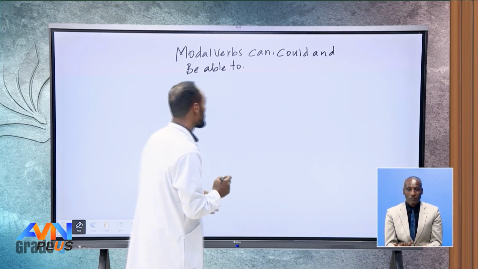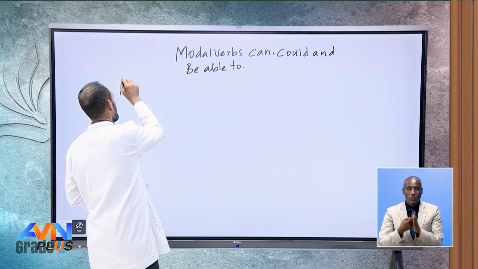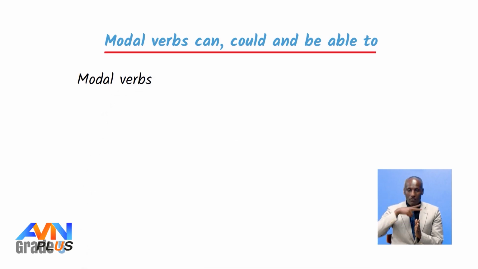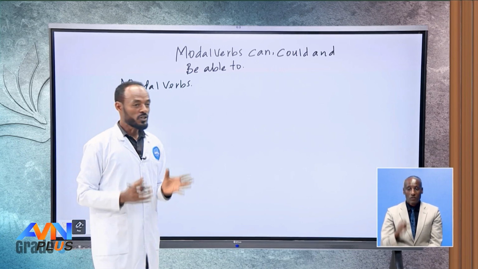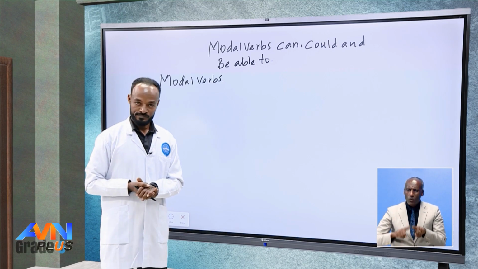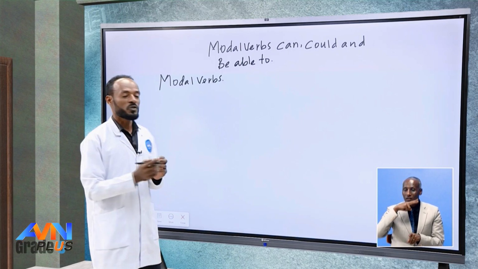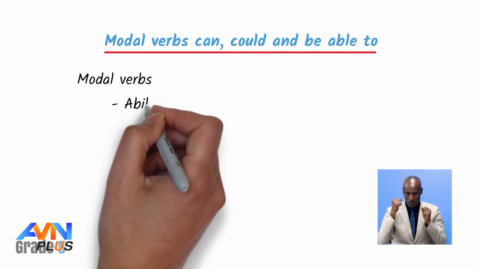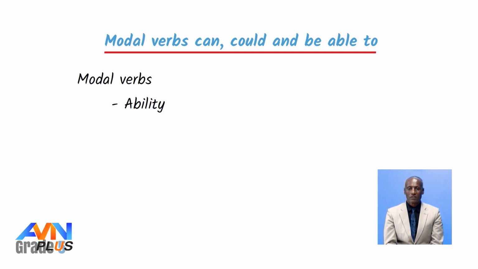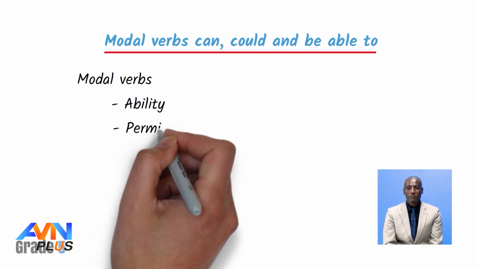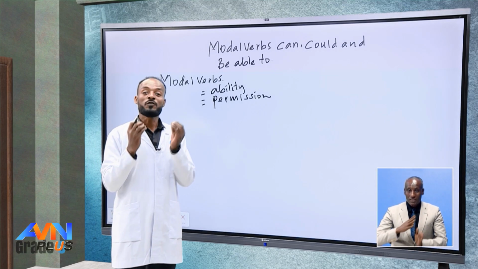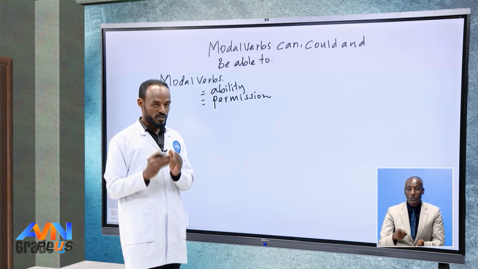Now, let's start with modal verbs. Okay, students, do you know when we use modal verbs? Modal verbs are used to talk about ability. We can also talk about permission. If you want to give permission, and also maybe if you want to ask for permission, you can use them.